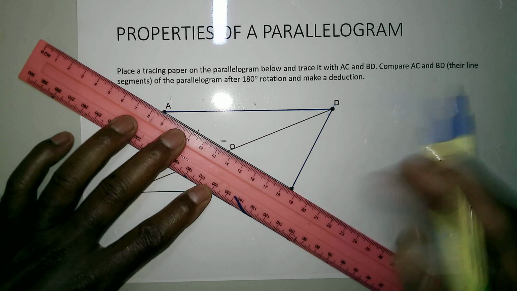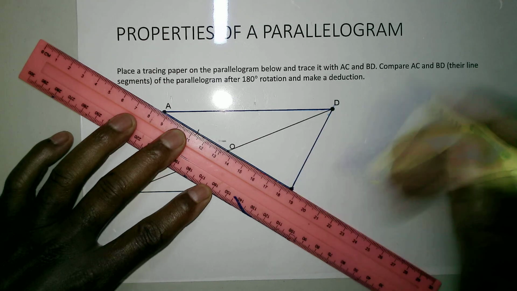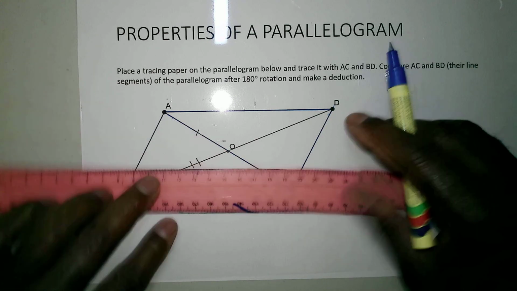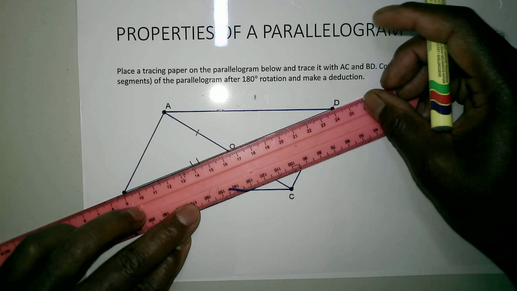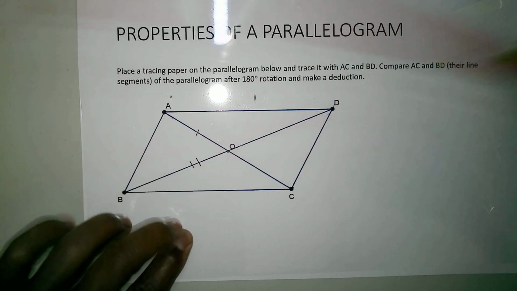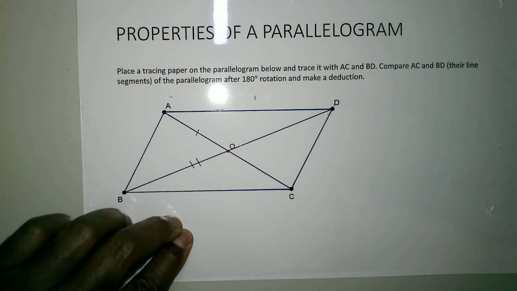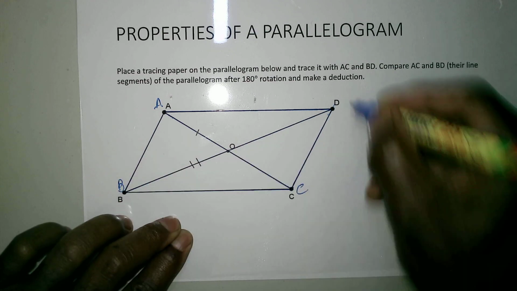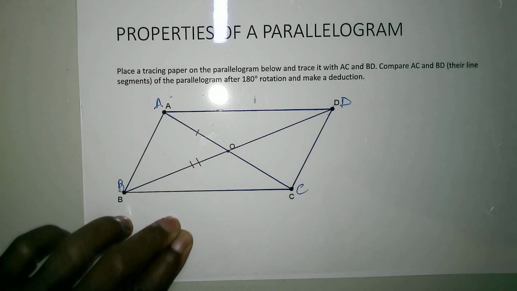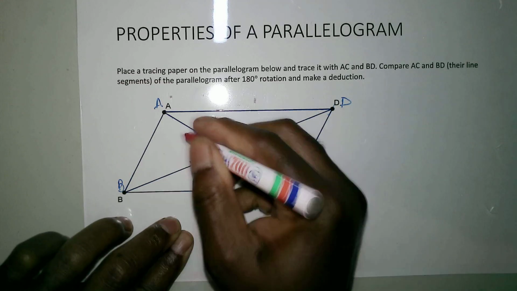Remember the intersect, that's the intersection. We are going to do rotation and try to compare AO and OC, and see what comes up. We'll shift a little bit.